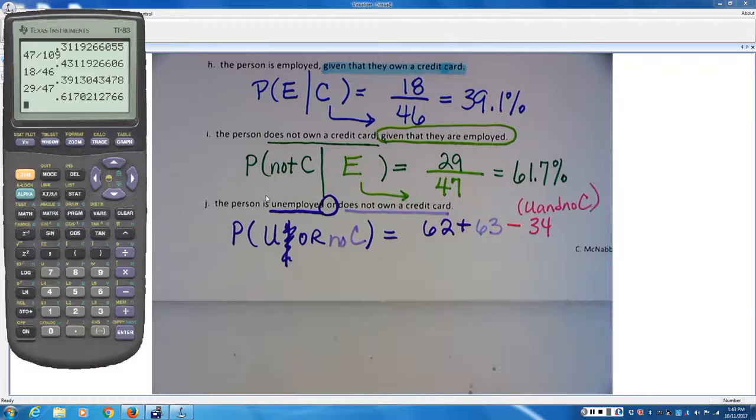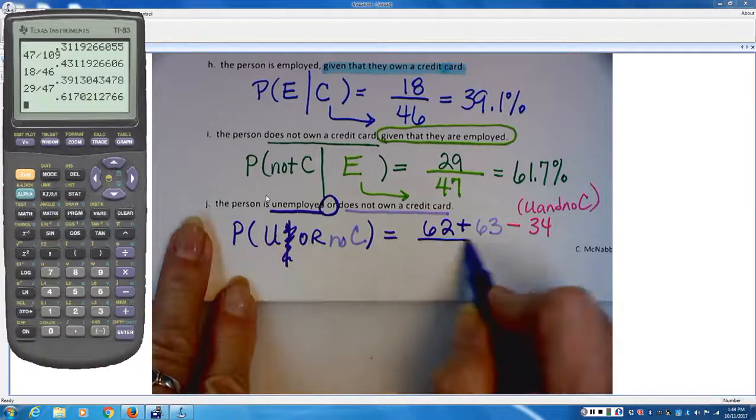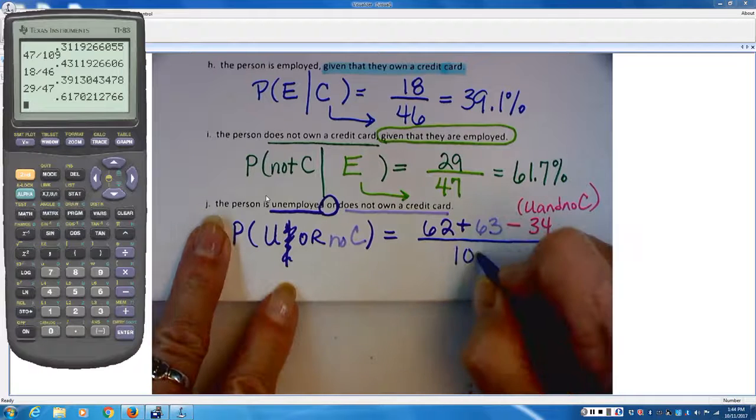So those are the ones that both were unemployed and had no credit card, so we can't count those twice. And then here again, we're talking about people that are out of the whole entire group, which is 109.